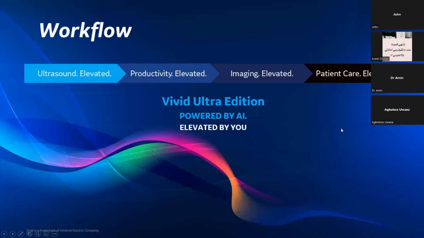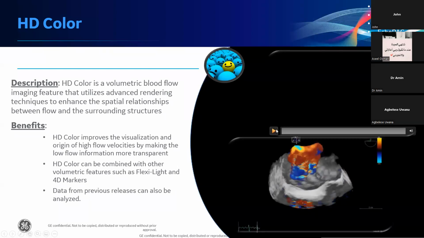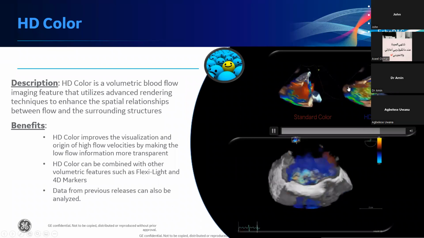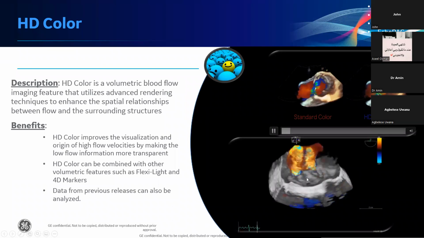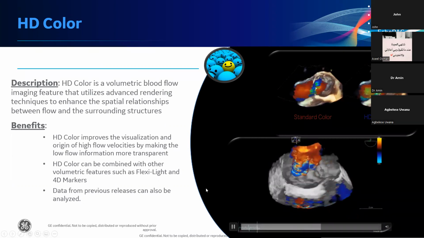And this is, again, very helpful in terms of visualizing different structures with color Doppler, whether it's static or dynamic real-time 4D with color Doppler, as you can see in this case.